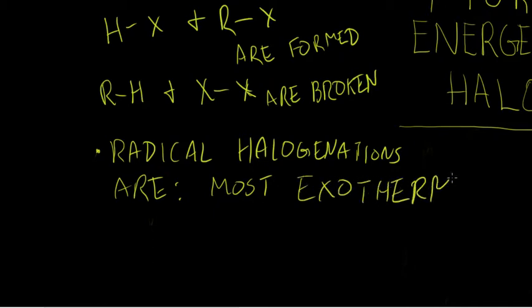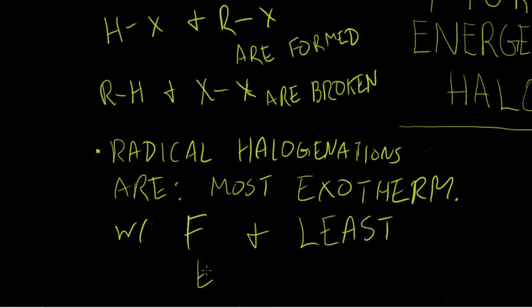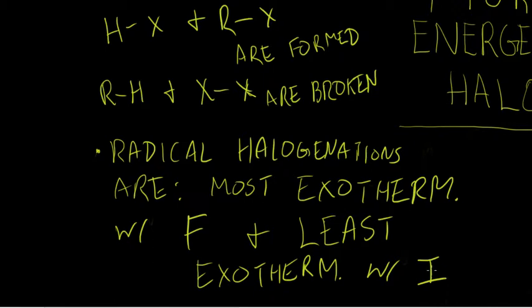Let's abbreviate it, exotherm, with fluorine with F, and least exothermic with iodine. And in fact, I'm pretty sure that the reaction with iodine is actually endothermic, so it's not favorable.